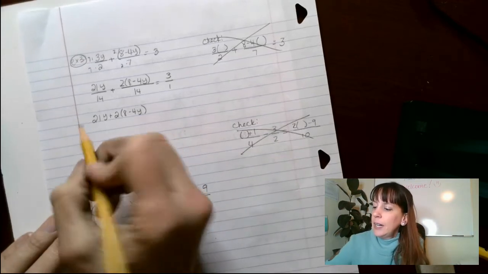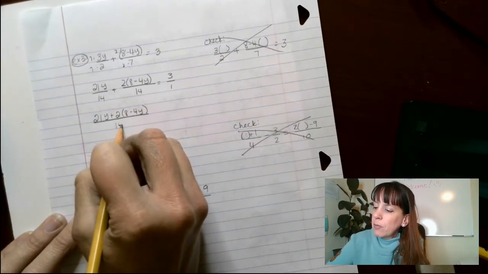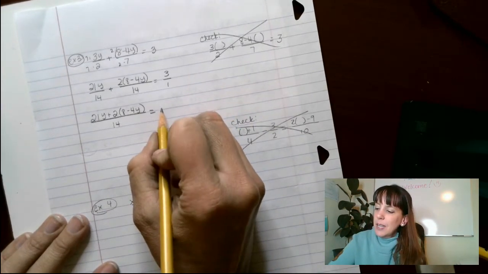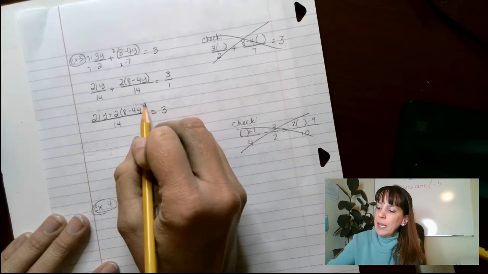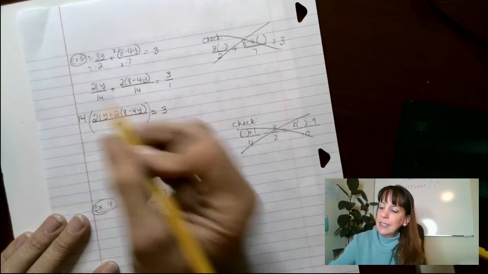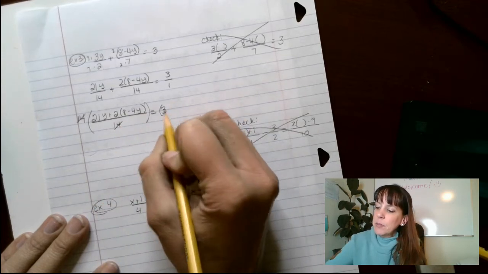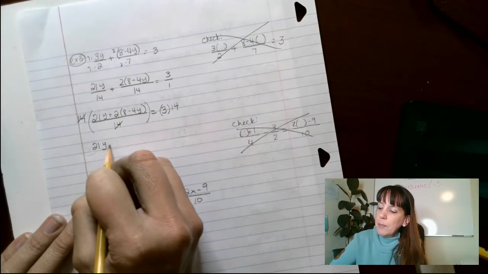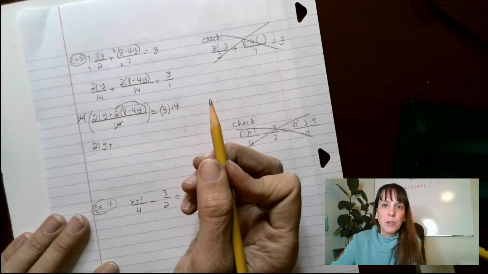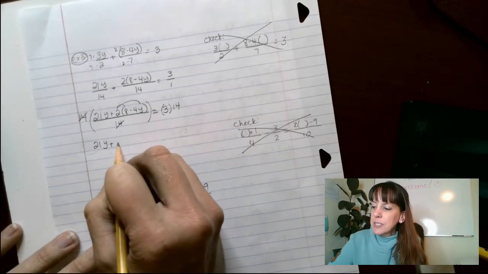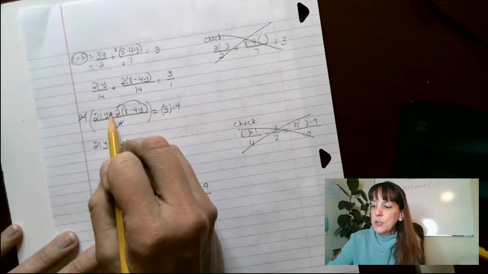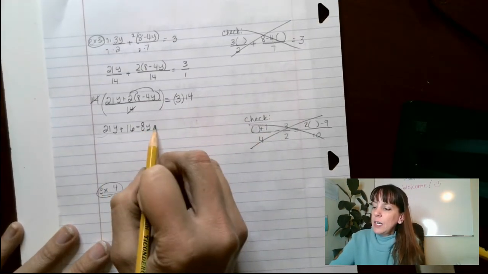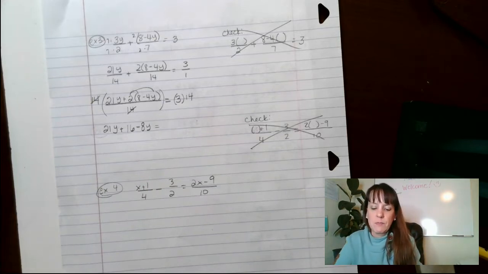All that divided by 14 equals 3. We can multiply all this by 14. This cancels out the 14. So we have 21y plus, let's do the distributive property, 2 times 8, which is 16, minus 2 times 4, which is 8y, equals 3 times 14. I'm not going to do this mentally.